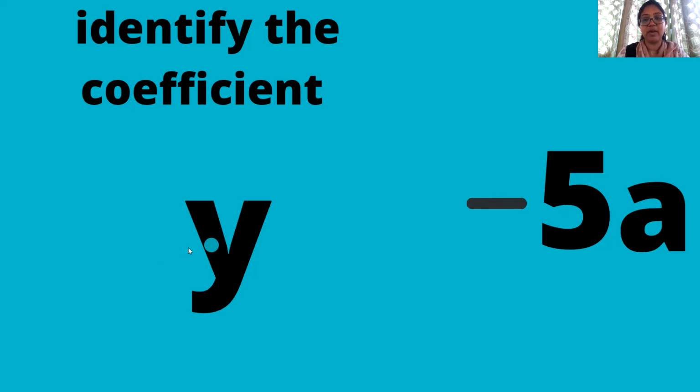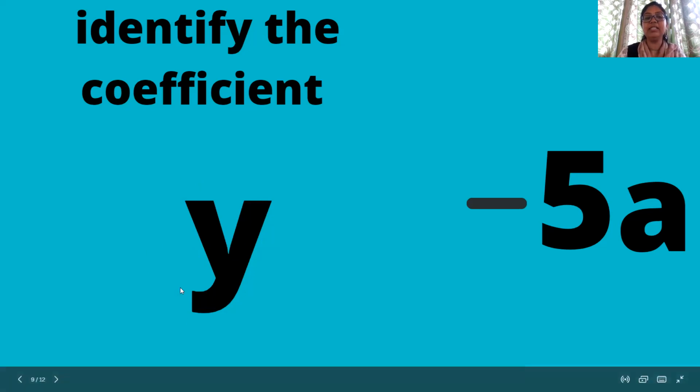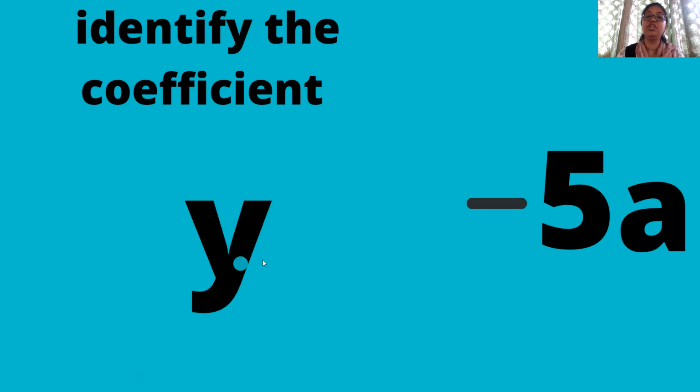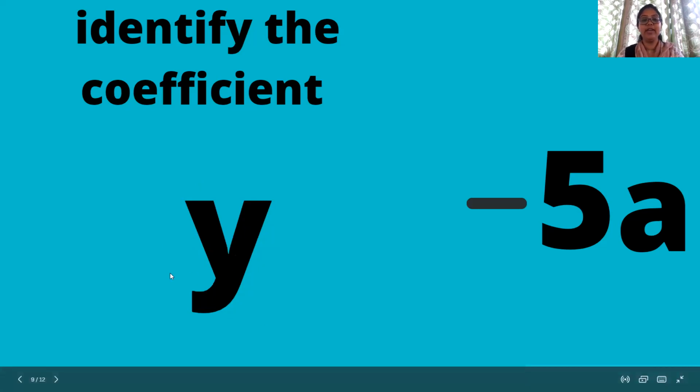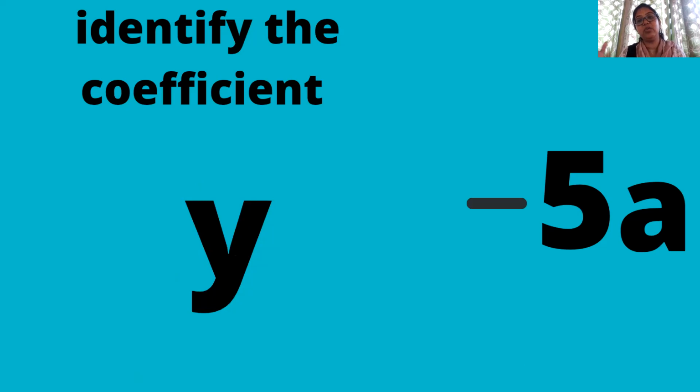No, it is a valid question, actually. If I give you an example of 4, what are the factors of 4? 4 into 1. So here also it is the same. 1 is not visible here, but the factors of y are y into 1 or 1 into y. So the coefficient of y is 1. If it was minus y, then the answer would have been minus 1. All right. Done? Clear? Okay.